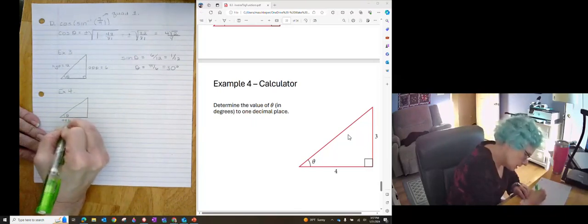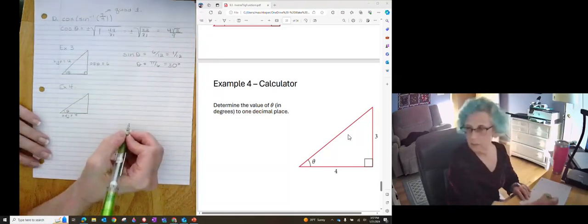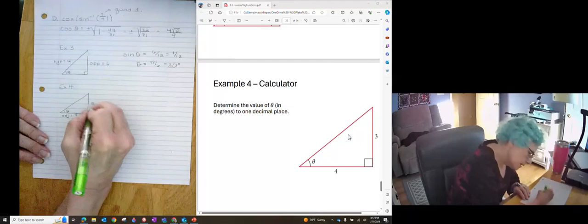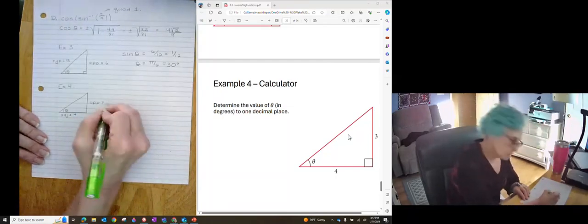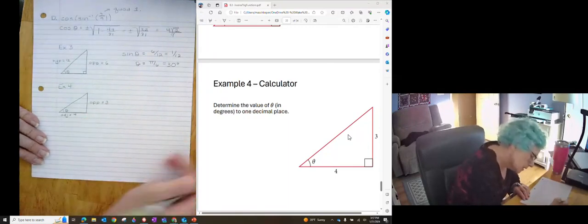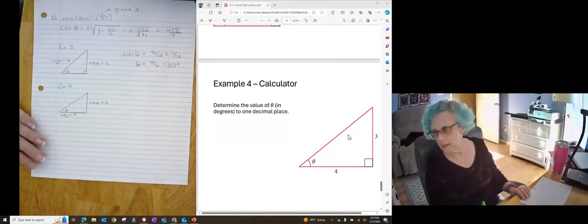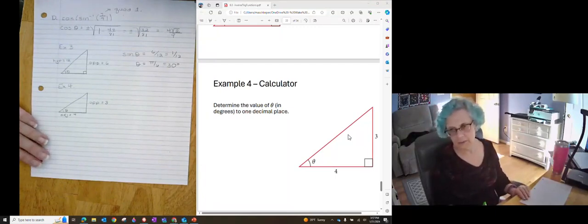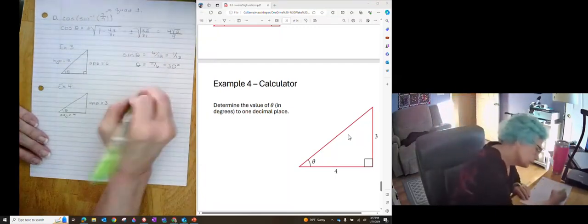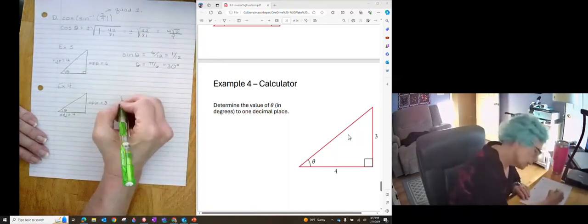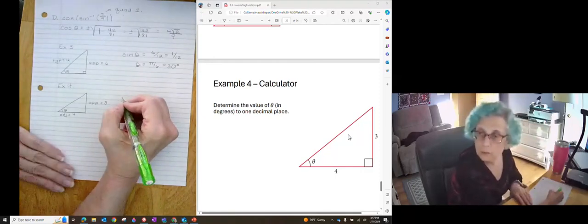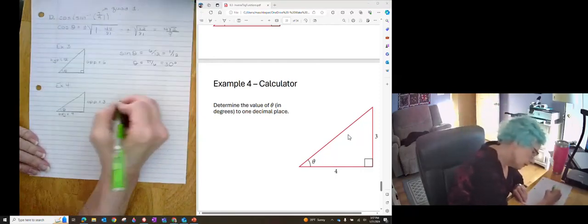Adjacent is equal to 4, and opposite is equal to 3. So really this one you could do without your calculator, because this has to be a 3, 4, 5 triangle. But we'll go ahead and figure it out.